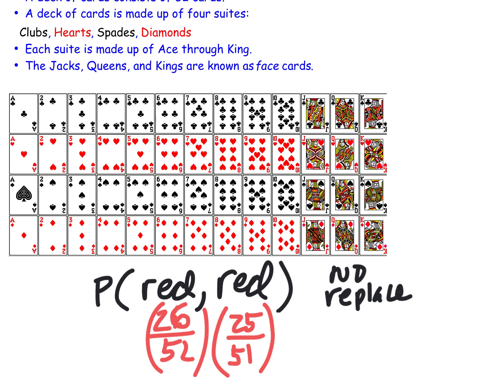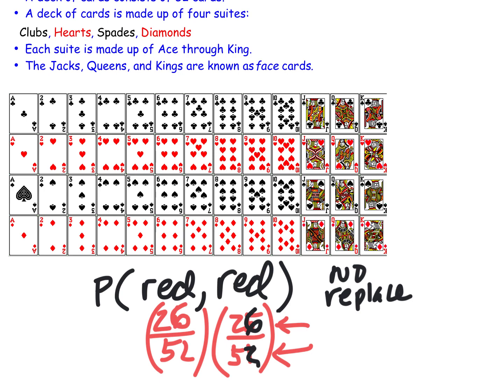Okay. Now, what if we replaced it? What if we looked at our card and went, okay, I got a red one, yay, and I put it back. Then it would still be 26 out of 52 again. If I put it back, do you get how this would have stayed exactly the same, whether you replace it or not?